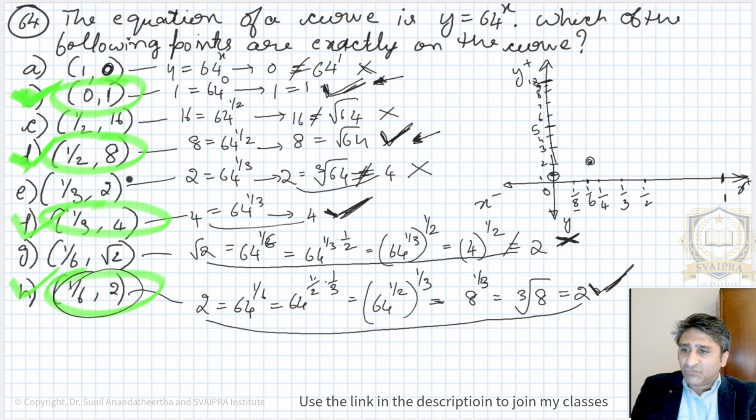My mistake, at 1/3 the valid value is 4. And what is it going to be at half? Is it going to be 8? Yes, a half is going to be 8.